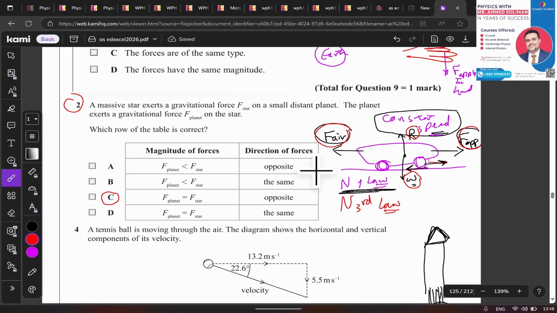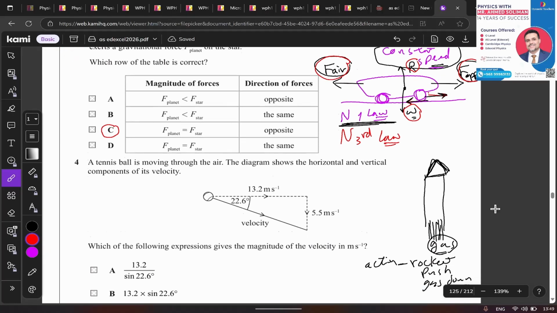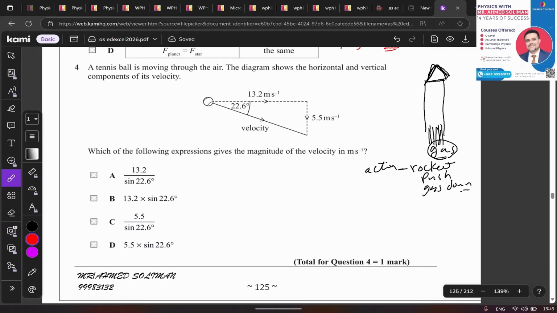No, sorry, I think it's C. Yes, C, because they must be equal but opposite direction, right? Yes. Now we need question 4.